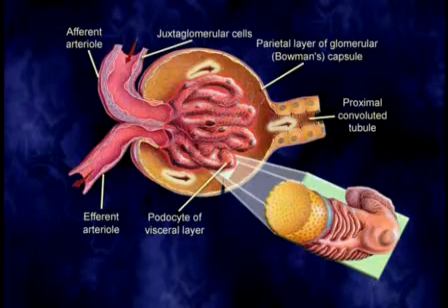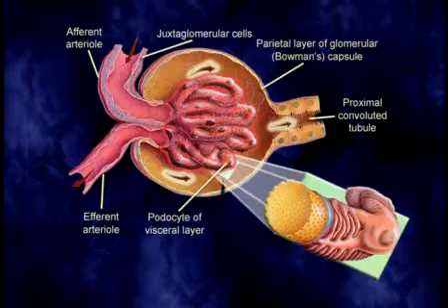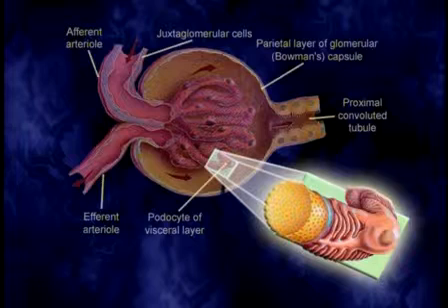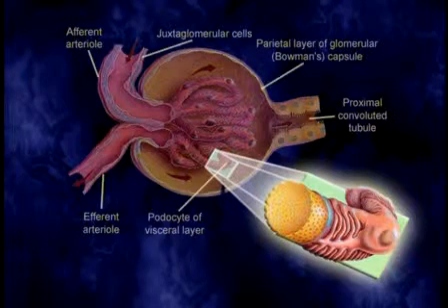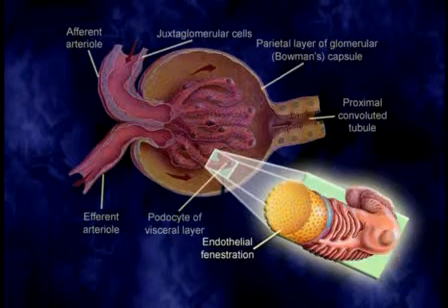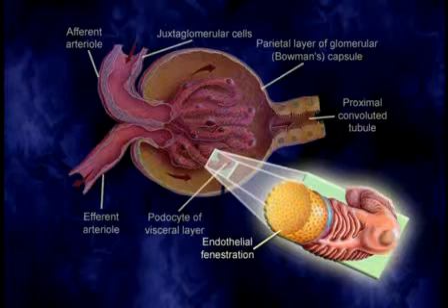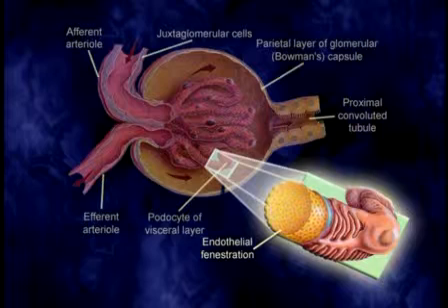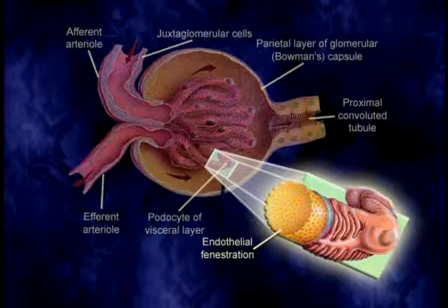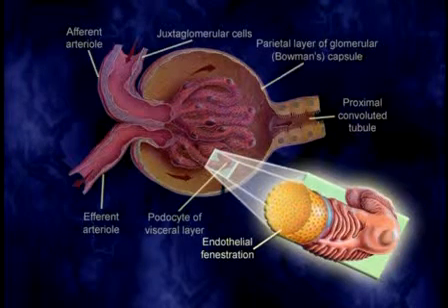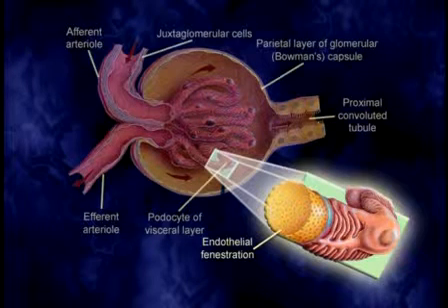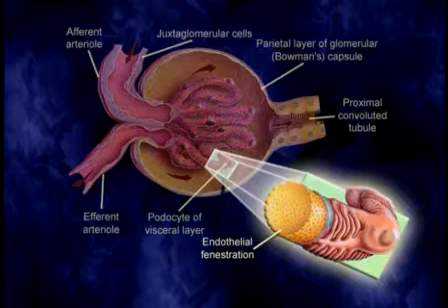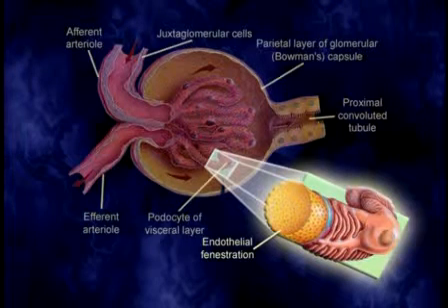If we get a close-up, this is the 70,000 times blow-up, we see that it's divided into three layers. First of all, there's an endothelial layer, inner lining, of cells, and it's called an endothelial fenestration, meaning windows. It's porous. It's not solid. It has tiny openings, which are relatively big, but they're still smaller than something that's wide open.